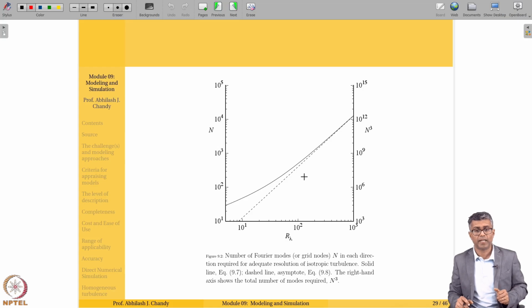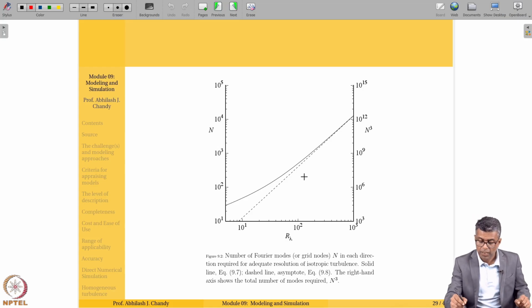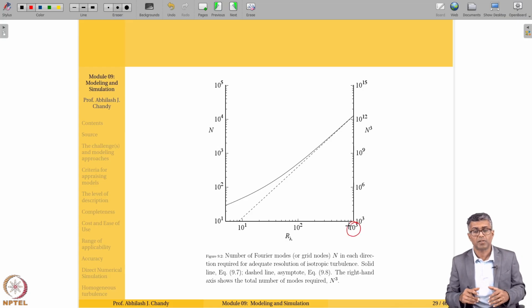So this gives you an idea. We are talking about 10 to the 12 points at an R lambda of 1000, and R lambda of 1000 is a relatively high Reynolds number. But what also matters is that this is more of a practical Reynolds number that is out there for different applications.